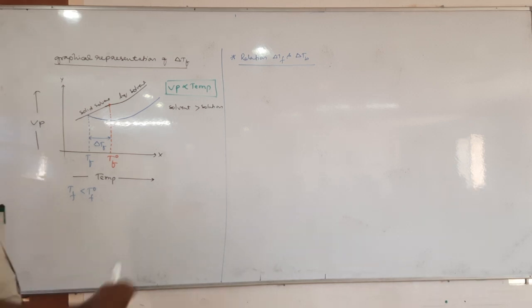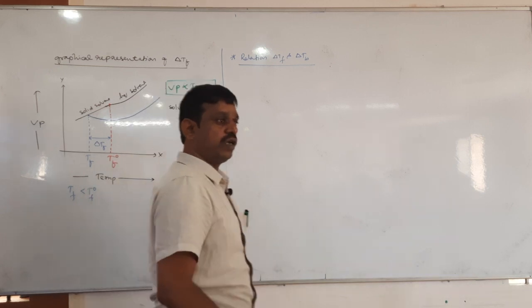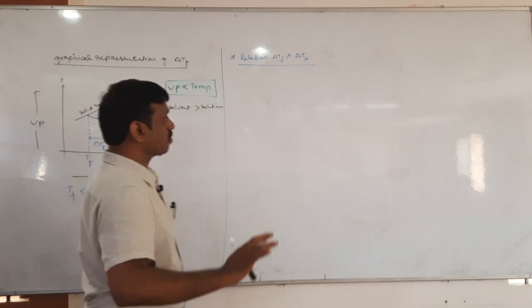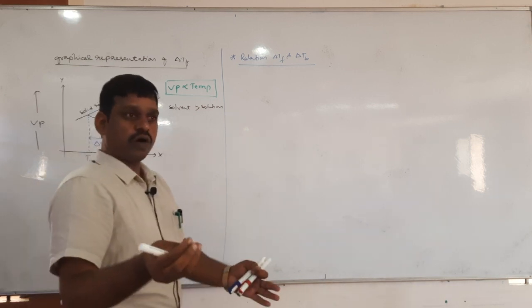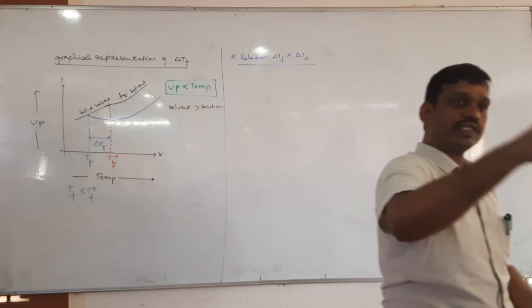Take down. Let us see the relation between delta TB and delta TF. Now for example, let us take a non-volatile solute. A non-volatile solute is added to a pure volatile solvent.